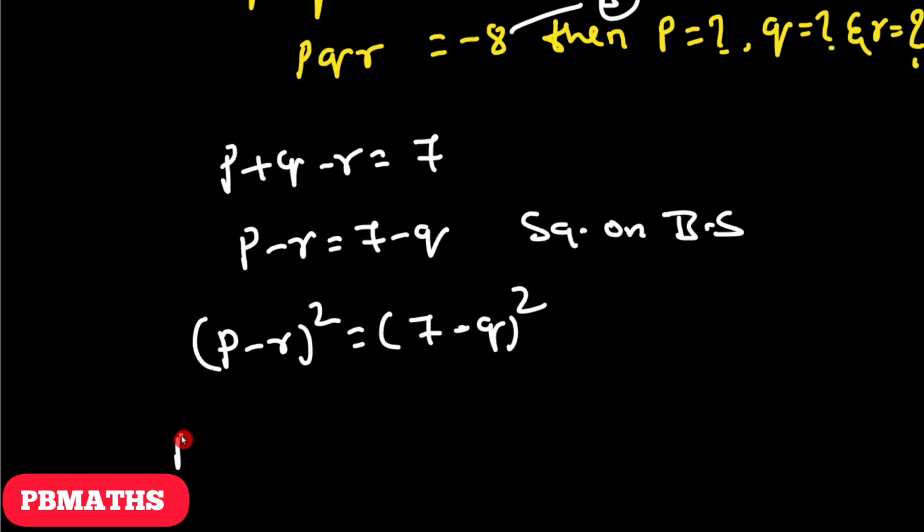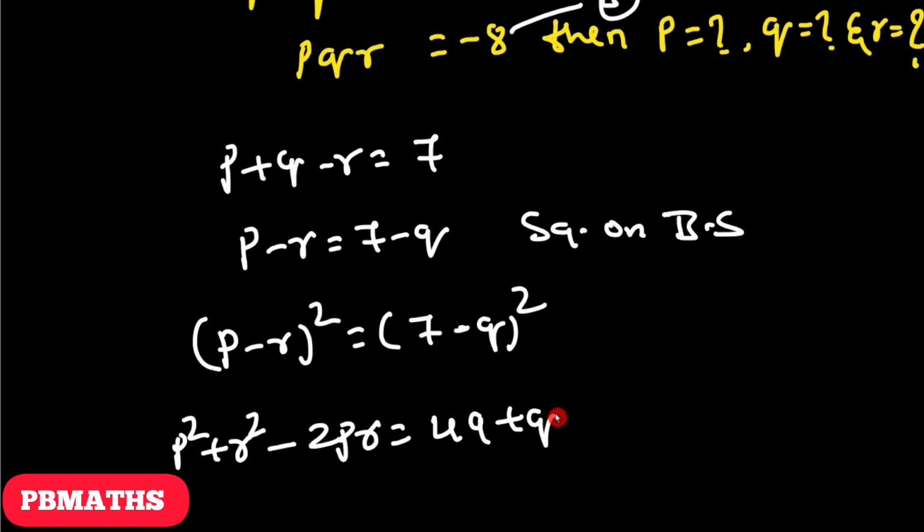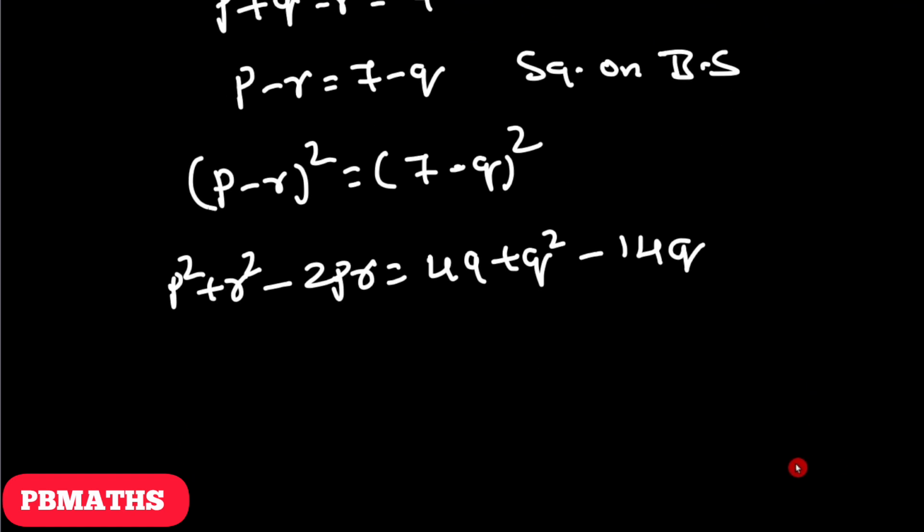By expanding it, we get p square plus r square minus 2pr equals 49 plus q square minus 14q.